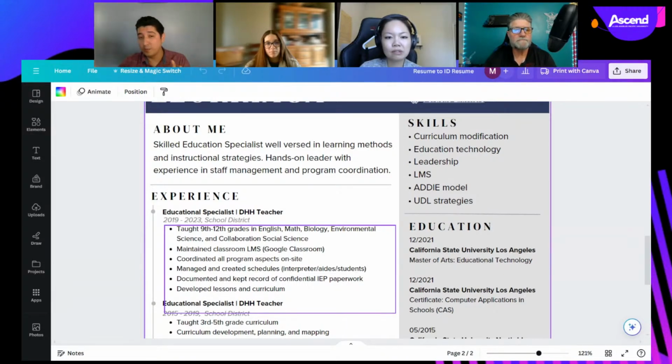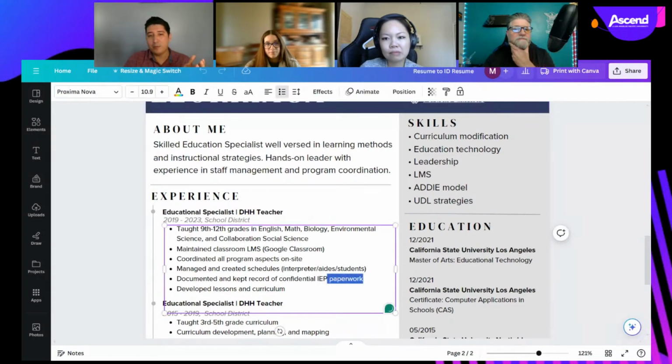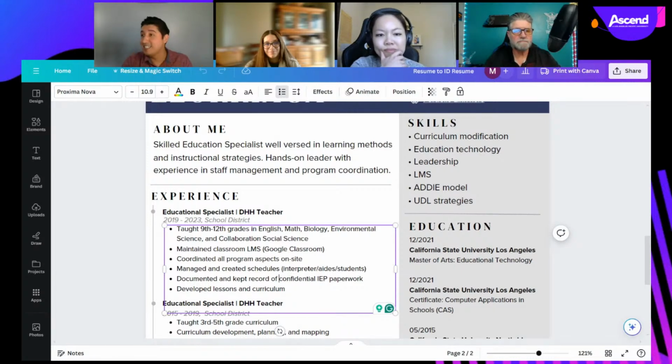Or Kenna too, if you could speak into that, what would be a better phrase to put? Because she's right. If I type IEP paperwork, I don't know if Kenna, when she sees that, says, okay, I don't know what an IEP is, or Dr. Hanshaw is going to say, okay, IEP, cool. What does that actually do? How does that match UDL? You know what I mean? So how could we change that language to be reminiscent of these skills?